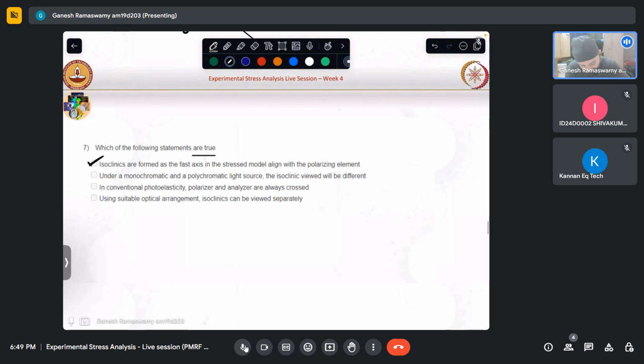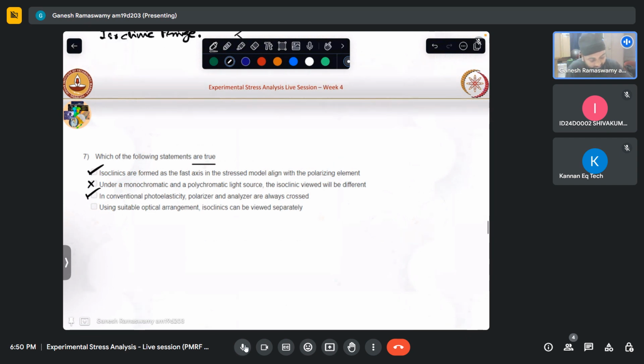In conventional photoelasticity, polarizer and analyzer are always crossed. This is true. Let us say that we had a polarizer like this and we did not cross the analyzer. So there is nothing we can make out from here. Essentially, in conventional photoelasticity, a plane polariscope with just a polarizing and analyzing element was used to determine the isoclinics.